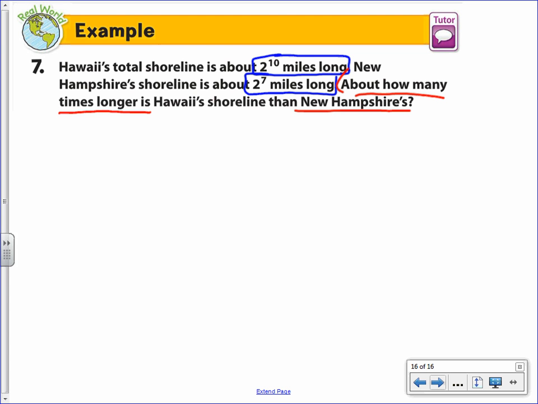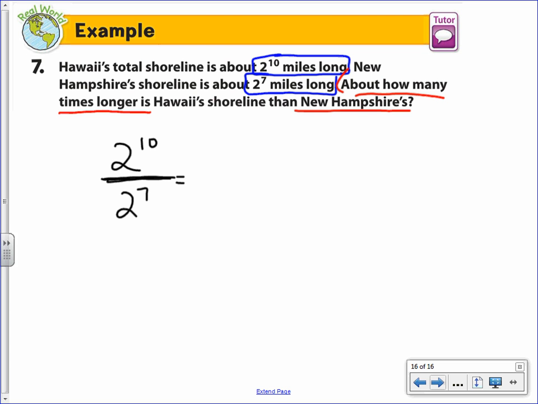Well, in order to figure out the number of times longer it is, I need to divide, because that's the opposite operation here. Okay, so I'm going to take my 2 to the 10th. It says how many times longer is Hawaii, so Hawaii comes first. 2 to the 10th divided by 2 to the 7th.